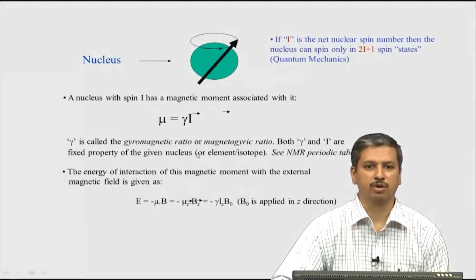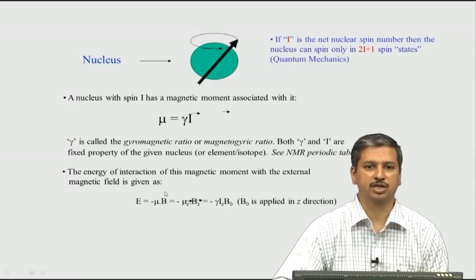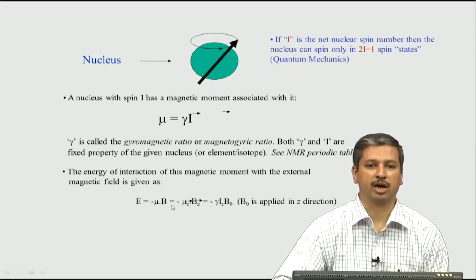So, this mu, that is the magnetic dipole, which is shown here schematically, interacts with the magnetic field. When we apply a magnetic field, this magnetic dipole moment interacts with the external magnetic field, and this interaction energy is given by the formula E equals minus mu dot B, a dot product with the magnetic field.